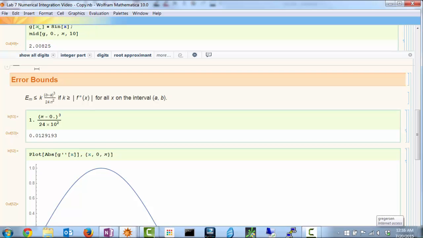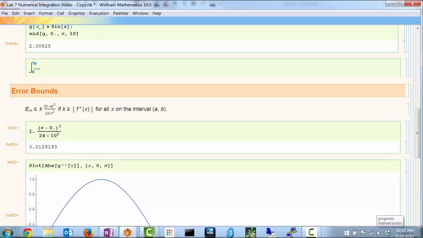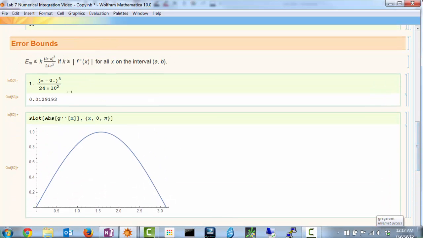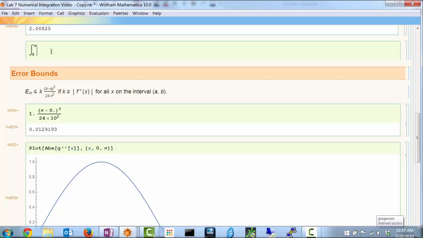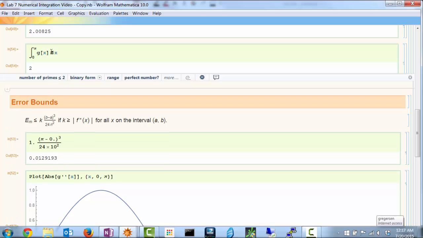Once again, I can calculate the exact value in this case here. So I can actually calculate the exact value of the area under sine by integrating my sine function from 0 to pi and get a value of 2. So that's the exact value.